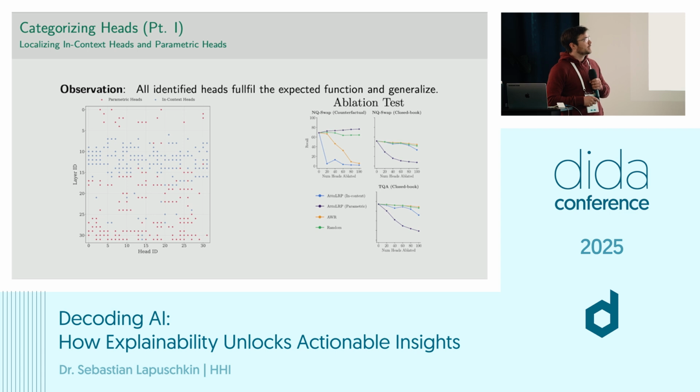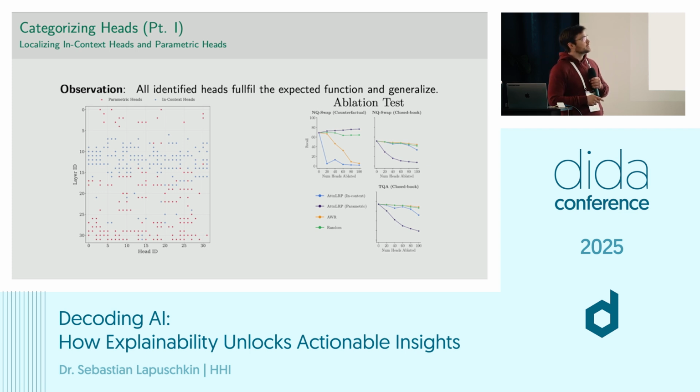For example, if we look at this counterfactual setting, where we only look at correctly answered counterfactual statements, where the model has to use the context, and we gradually remove our identified in-context heads, we see that model performance drops down fast. This is kind of a verification that the heads we find and assume to be responsible for processing in-context information actually process in-context information.